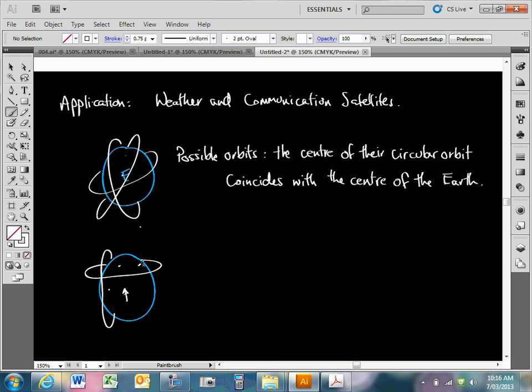Otherwise, what happens? Well, for this object in uniform circular motion, it's not going to be maintained, is it? Because the force that's causing it to go towards this center here is not constant. The force that is constant is actually towards the center of the Earth, isn't it?